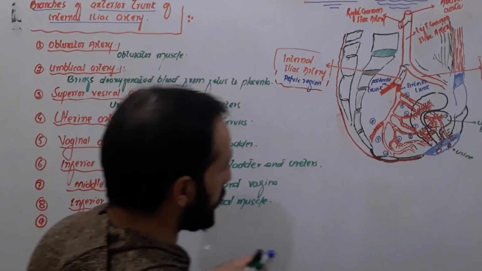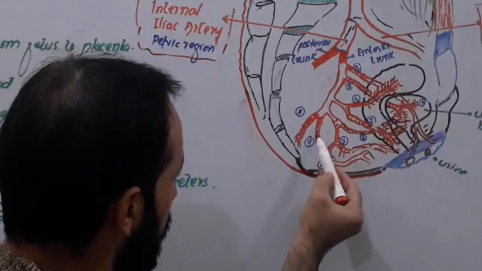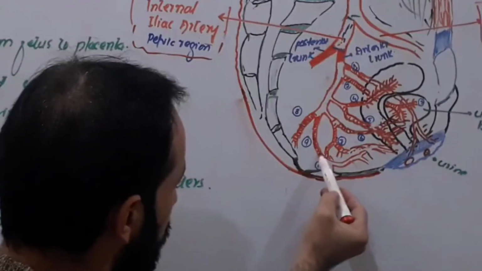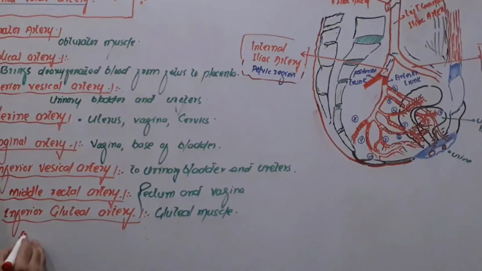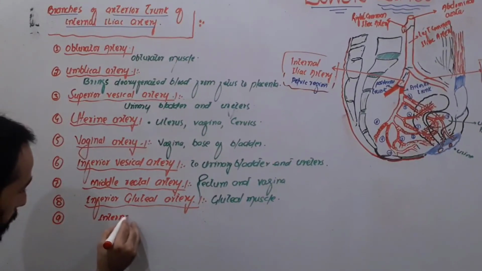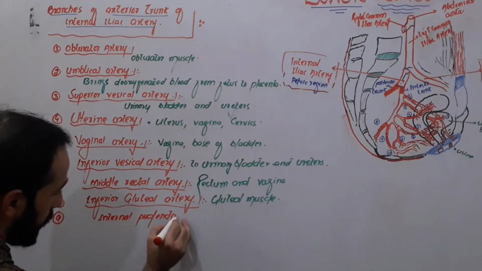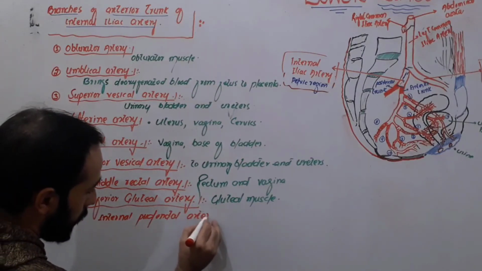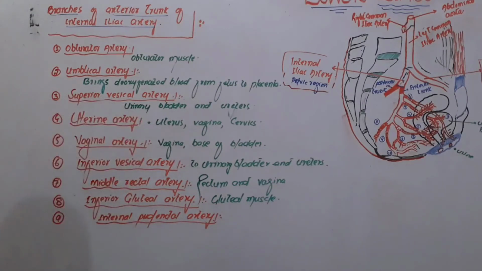Then there is the ninth branch of this anterior trunk. Right, the ninth branch. You can see this one. This is the internal pudendal artery, the ninth branch of the anterior trunk, right?